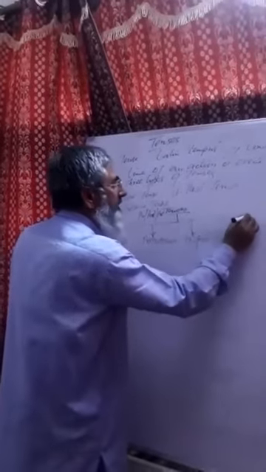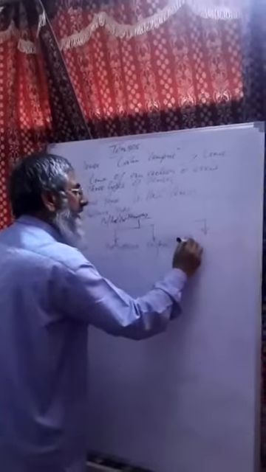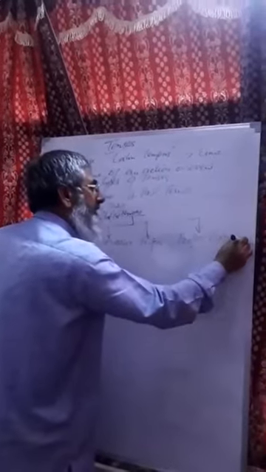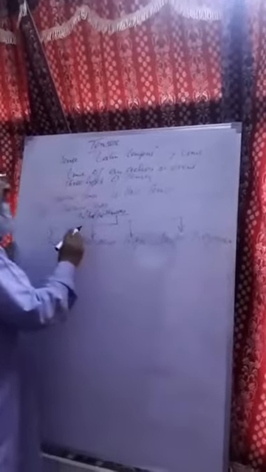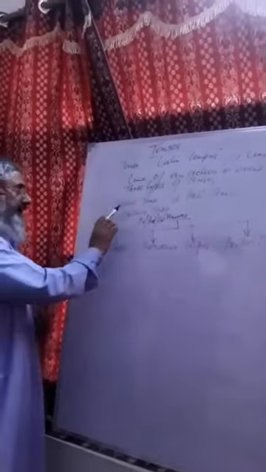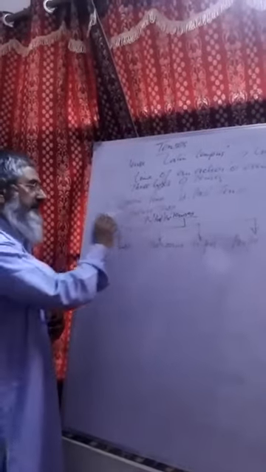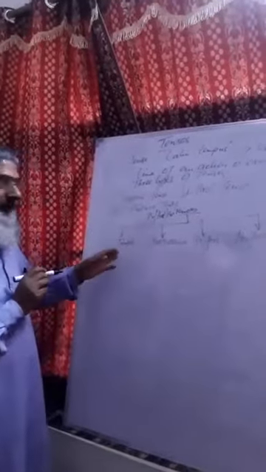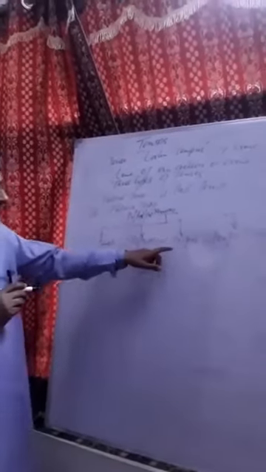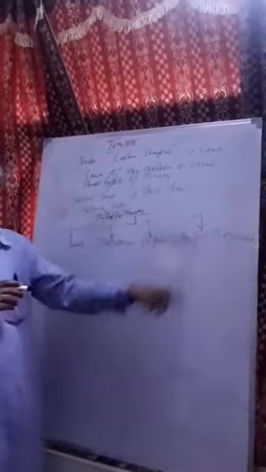And number four is perfect progressive. So, each of the three tenses has four forms: simple, progressive, perfect, and perfect progressive.